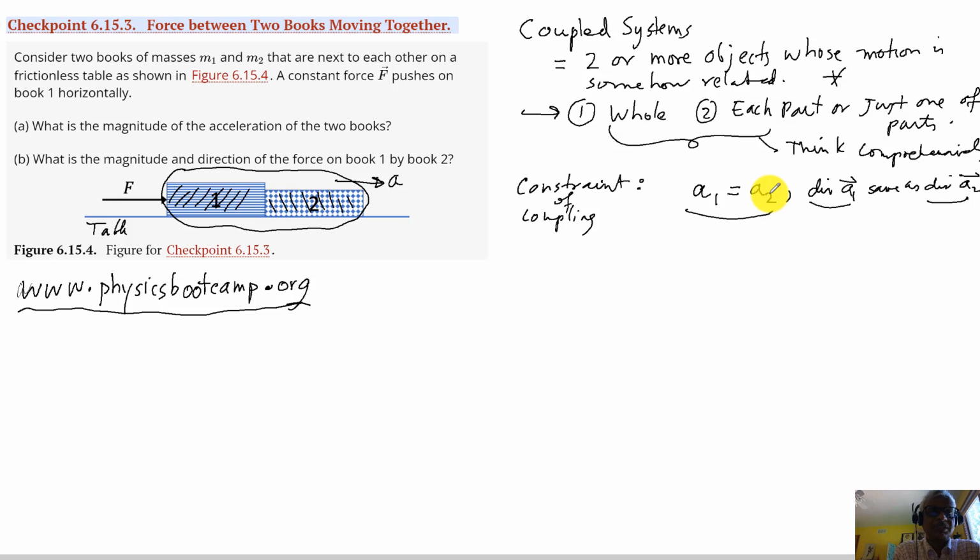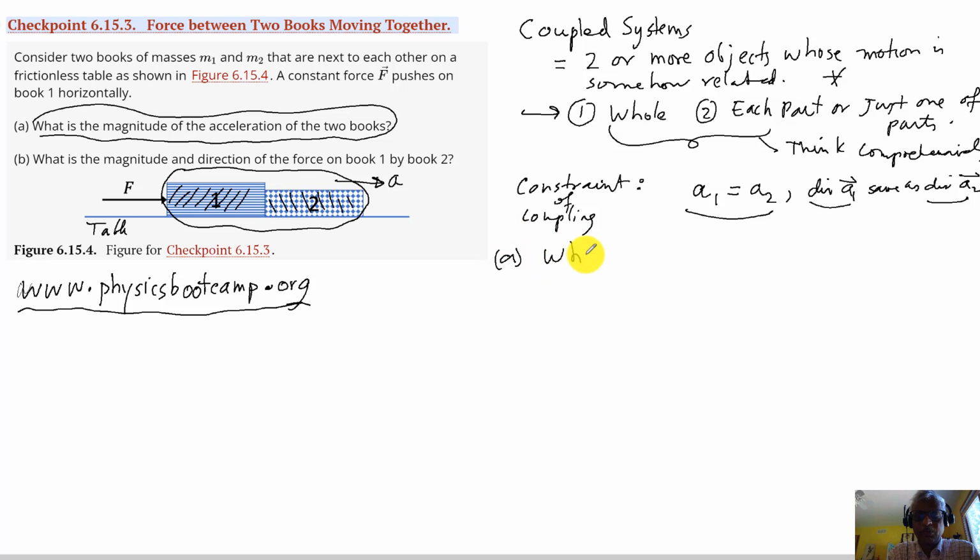So the first question says, what is the magnitude of acceleration of the two blocks? Well, if I think of them as one, and look at all the forces, part A is the whole analysis. There's a force F, and this is on a frictionless table, so there is no friction and no other force there.